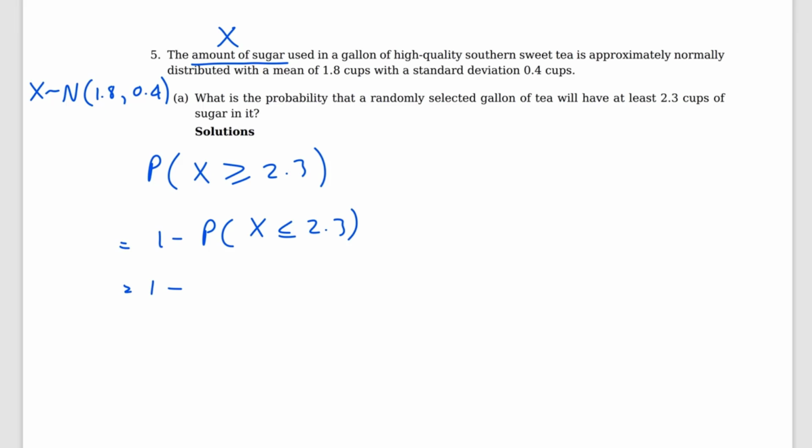Then 1 minus probability Z less than or equal. Okay, how do we find this one? Z equals 2.3 minus 1.8 divided by 0.4. You got it? Because here we don't need to divide by the square root of n because this is just X. So this answer is what?